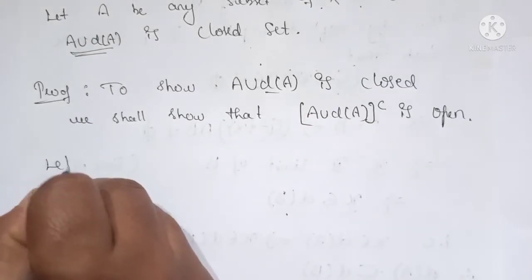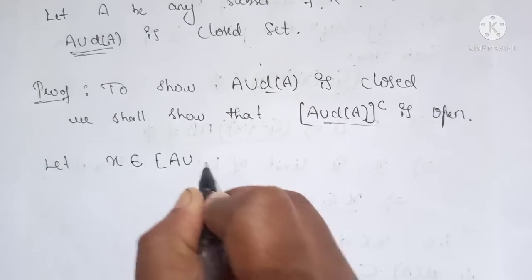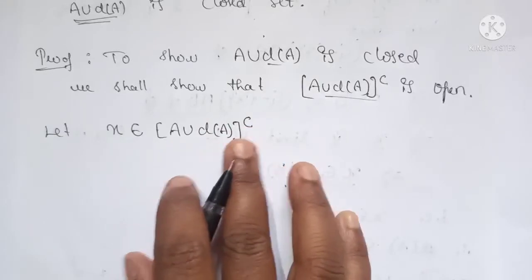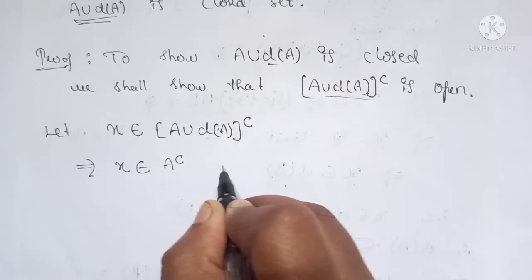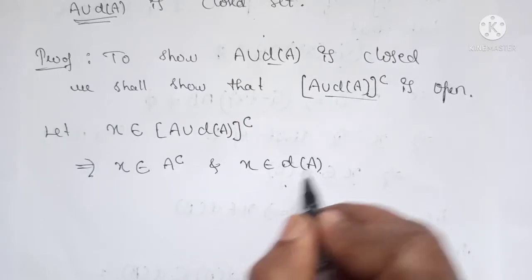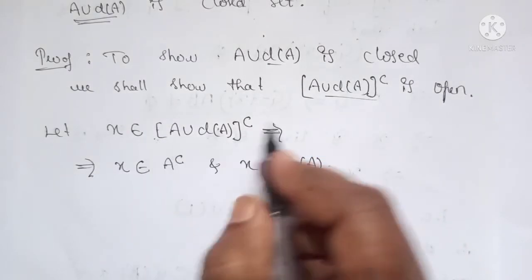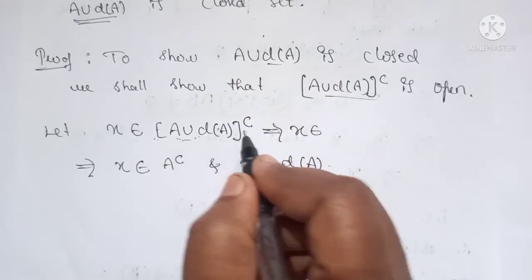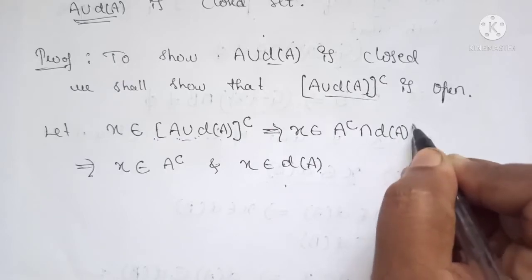Now let an element x belong to this complement, that is the complement of A union D of A. It implies that x belongs to A complement and x belongs to the complement of the derived set of A. This is because, if I apply De Morgan's law here, the complement of A union B is equal to A complement intersection B complement.